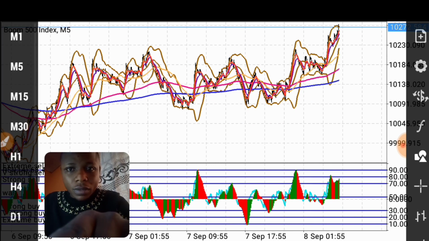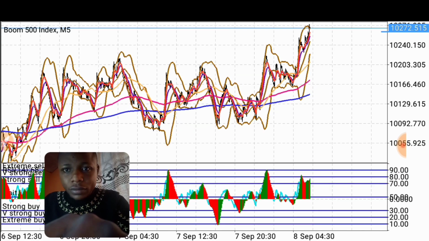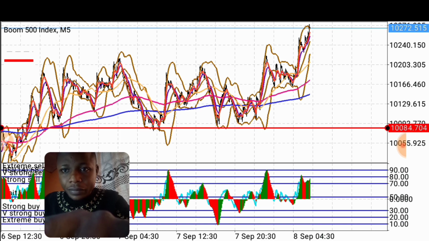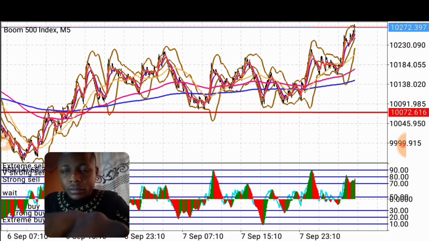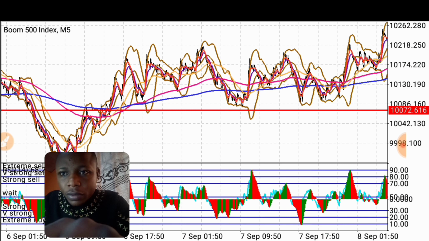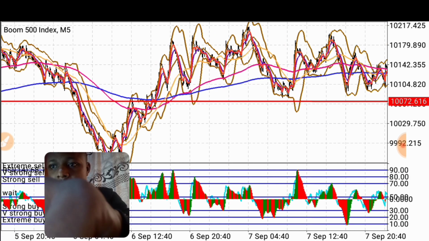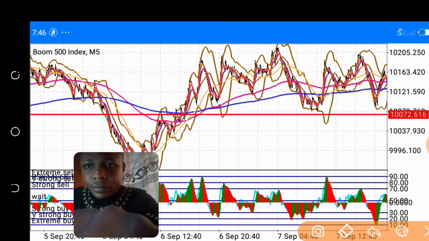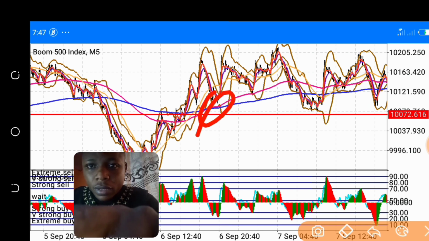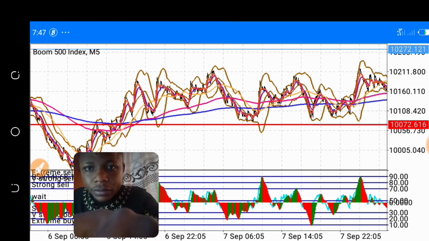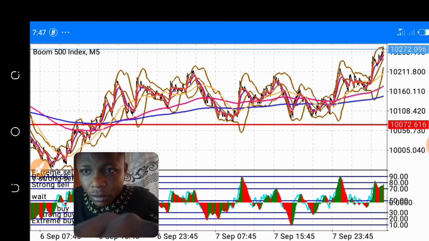Okay, let me add another one. Okay, so now you can see these supports. See, there is a support level here. There's a support level here. There's a support level here. We have another one here. Okay, we have another one there.